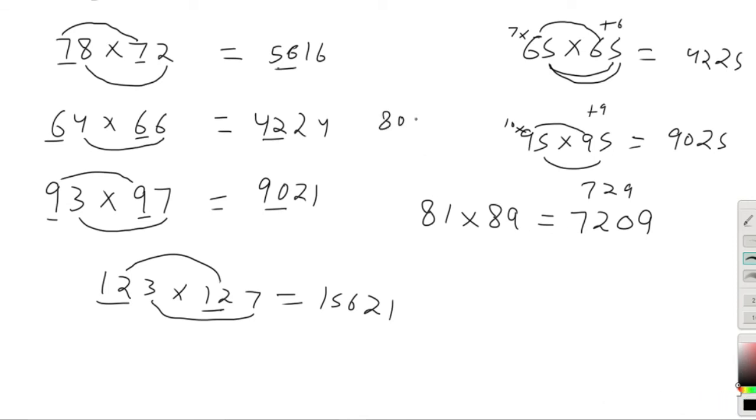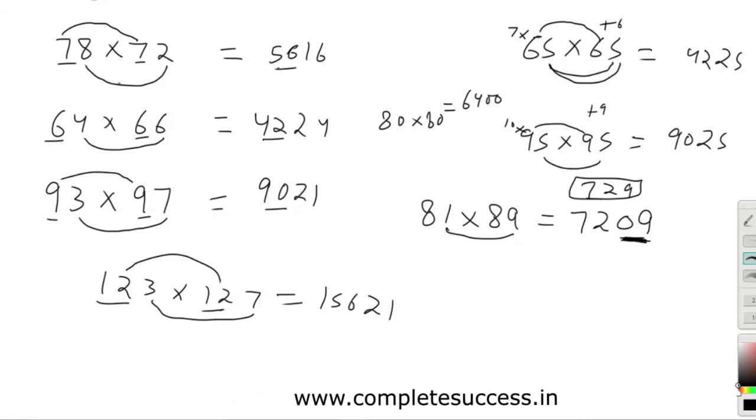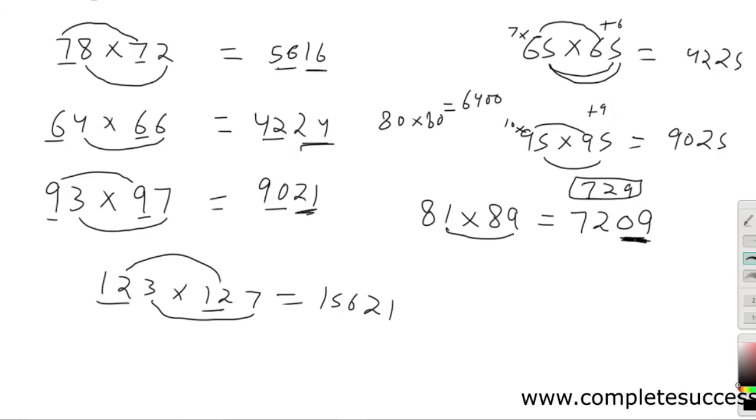What is 80 into 80? 6400. Is there any way we can do 81 into 89 and the answer will be 729? No. So we always have to take two values. 9 into 1 is 9, so we'll take 09. Here 8 into 2 is 16, there are already two values. But if there is one value, we'll take the 10th place digit to be 0. We can easily identify this with our logical sense.